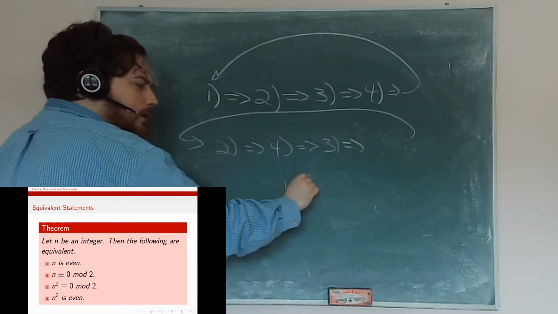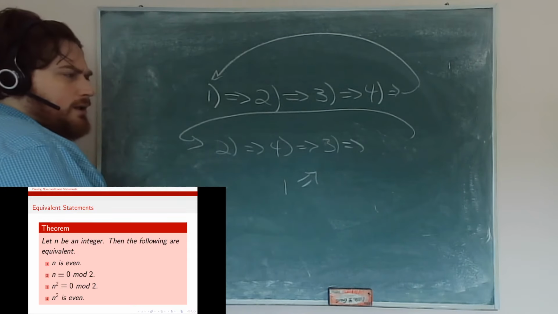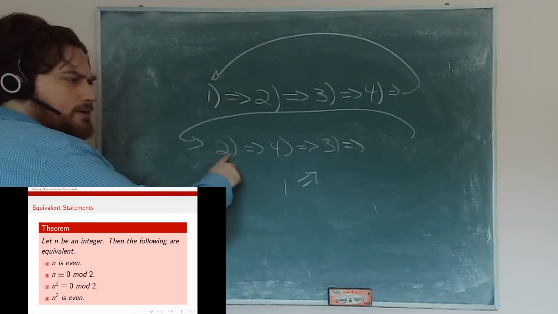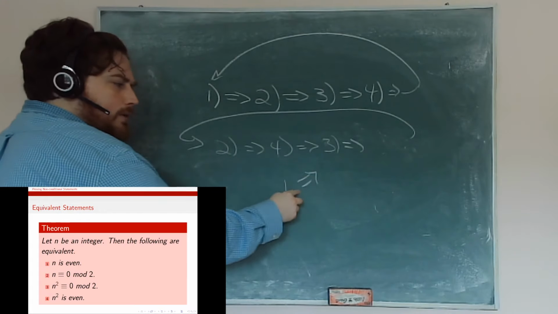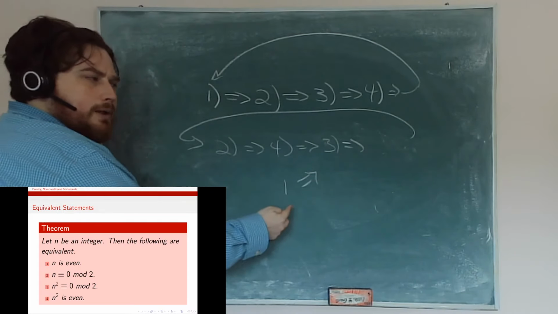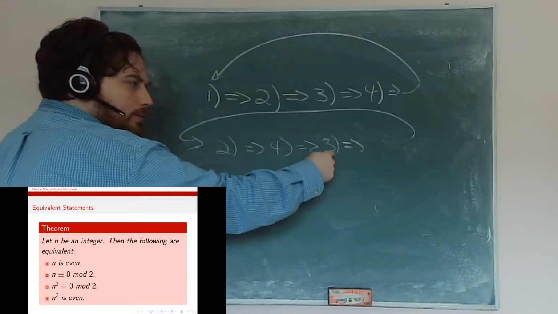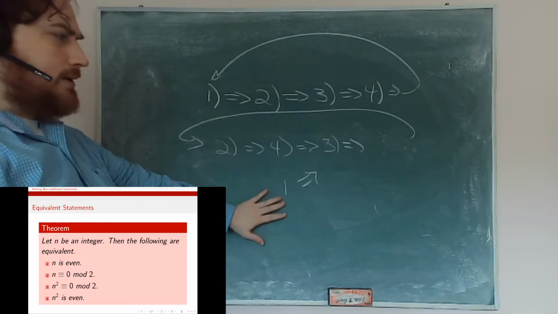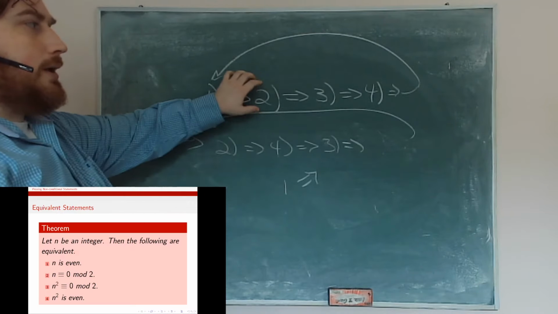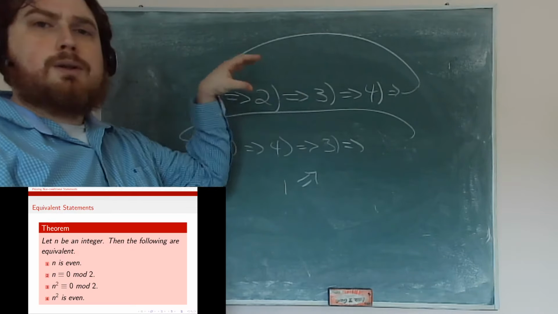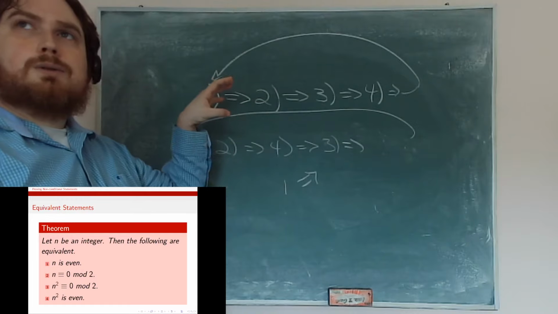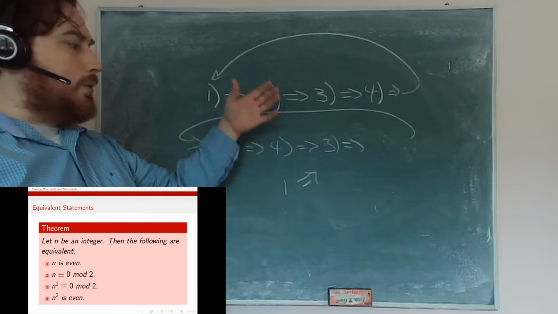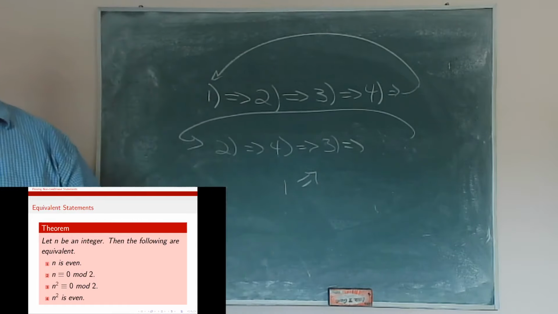Or if I do 1 implies 3, then I don't get the circle, because I can't go from 4 to 1, since I can't go backwards with the implications. So what I need is a picture like this where all of the things that are equivalent fall within this loop of proofs. So I just run through each of those proofs in order.